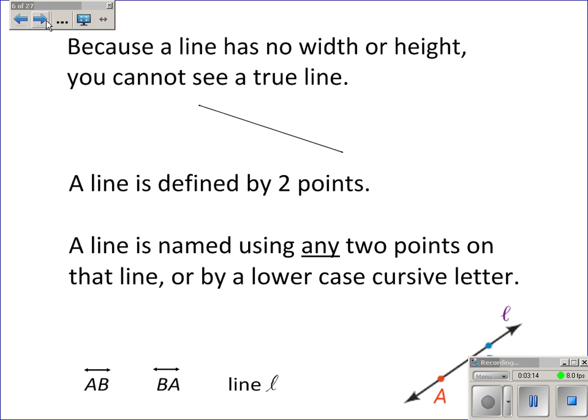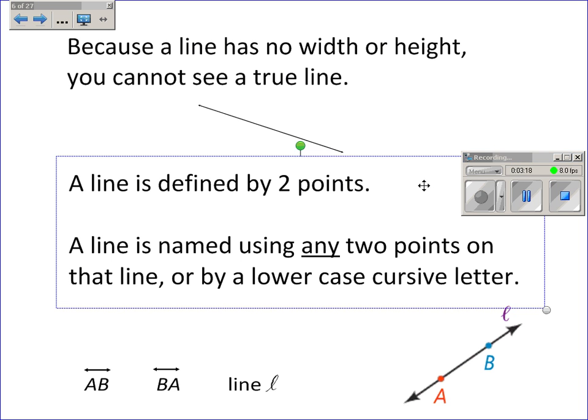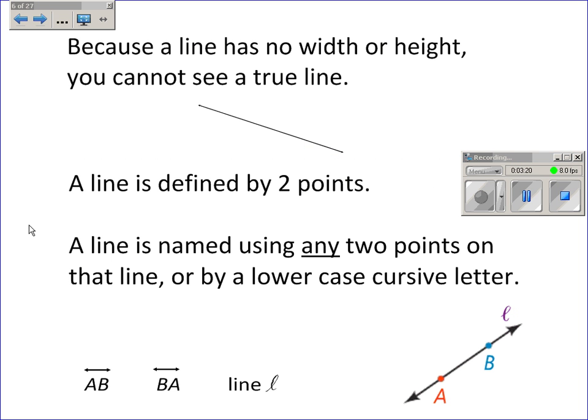A line is defined by 2 points. And you can name that line using any 2 points on that line. Or sometimes a line is given a name using a lowercase cursive letter.